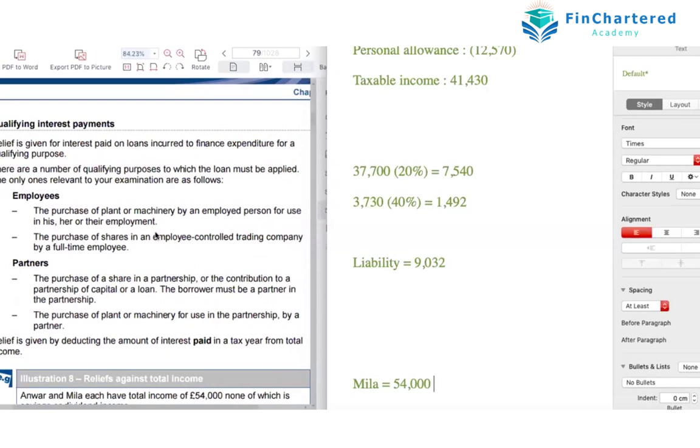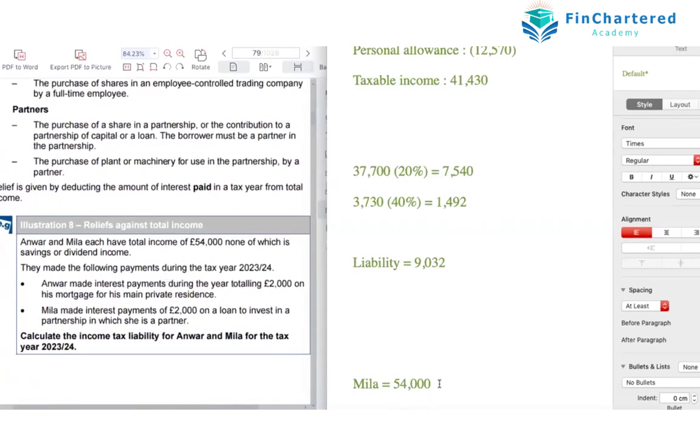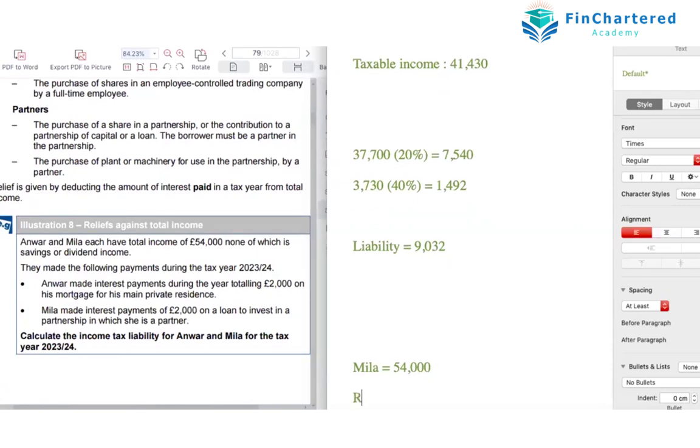The interest paid on the loan is deducted from the total income to get the taxable income. So from 54,000, Mila is getting a relief of 2,000, and that is the only difference between Mila and Anwar. So Mila has done a smart thing by taking a business loan.